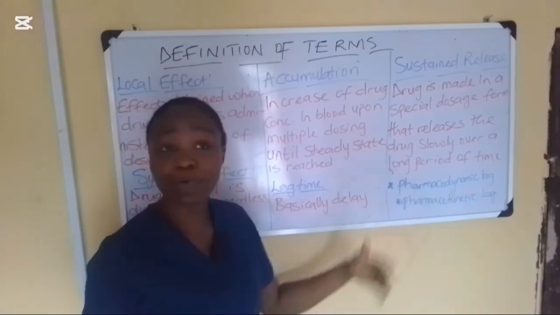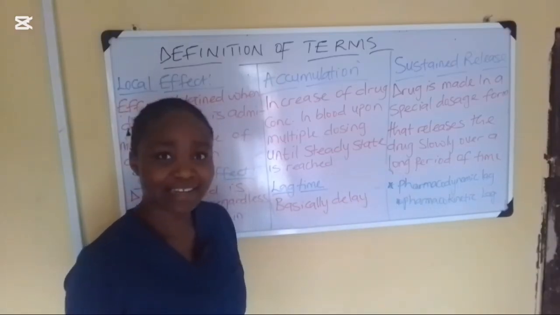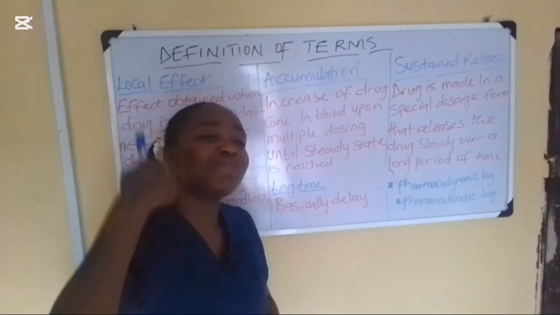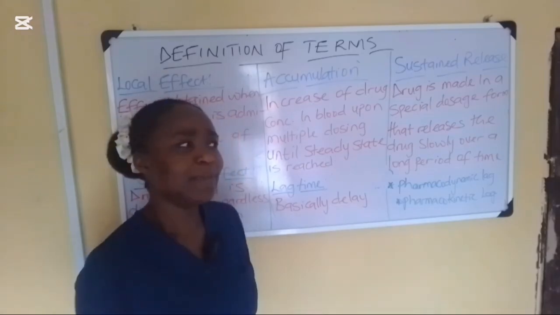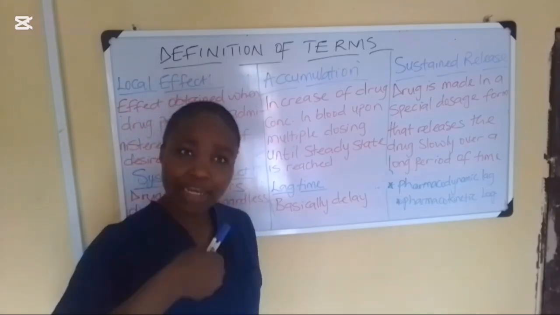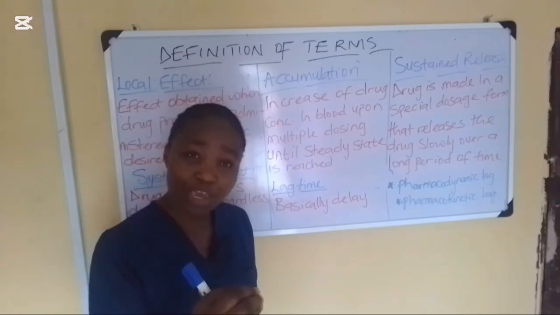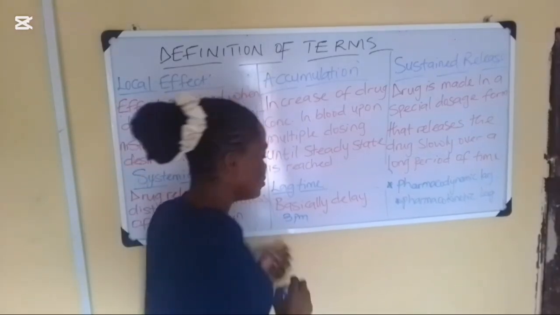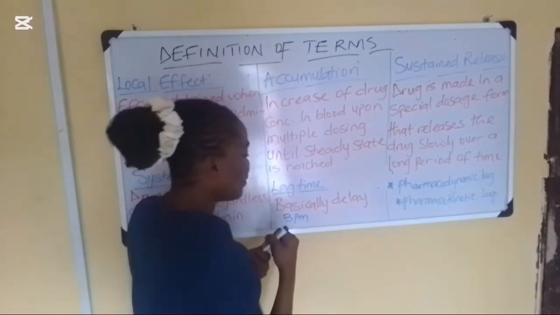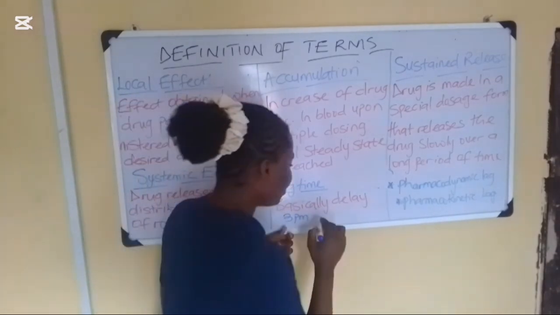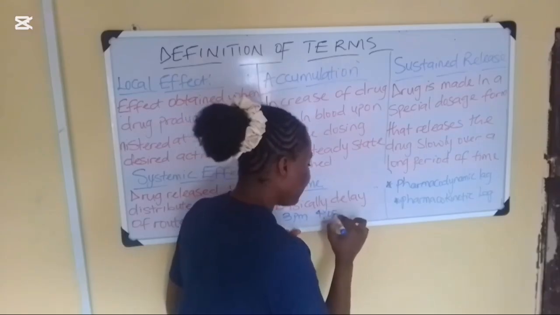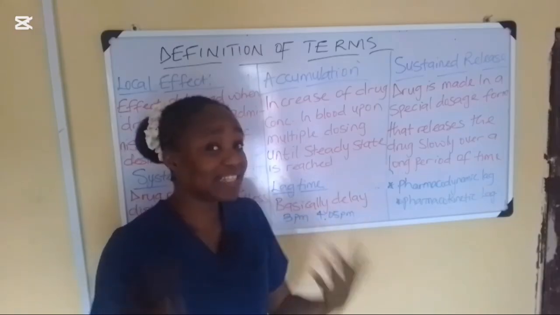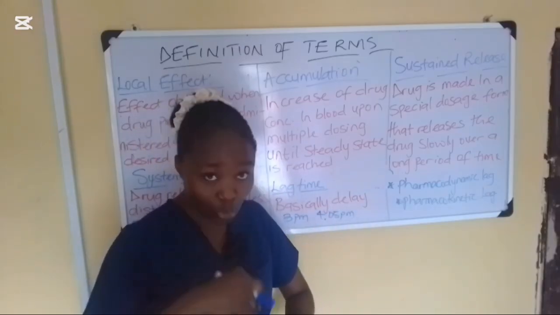Now, if this is pharmacodynamic lag time, what then is pharmacokinetic lag time? That is the amount of time taken from the period the drug is administered before it gets to the bloodstream. What does that mean? If I ingest a drug orally by 3 p.m., but by 4 p.m. the drug is not yet in my blood, and let's say the drug arrives in my blood at 4:05 p.m., my blood is checked and some particles of the active ingredients of the chemical compound that I took are found there.